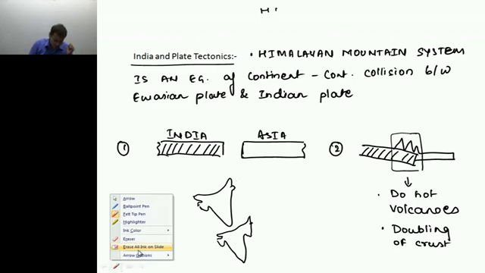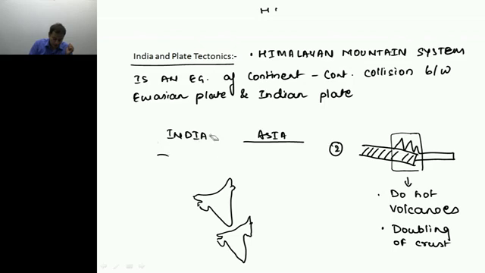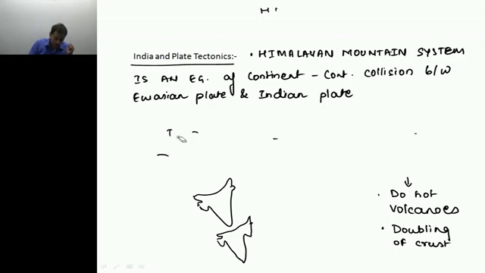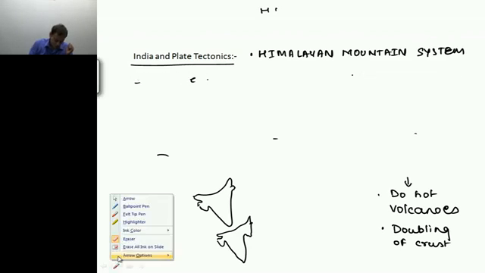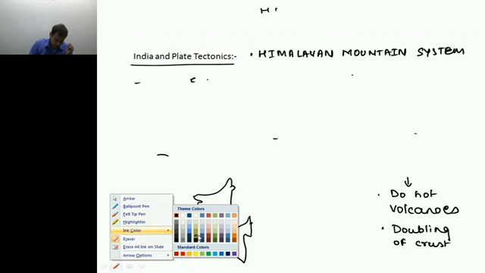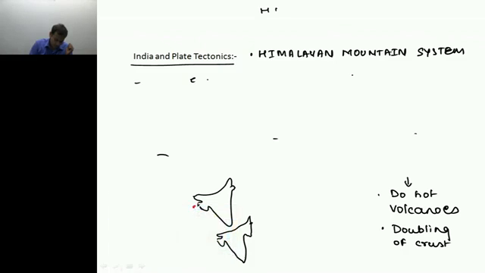Now, when it was traveling to the north, it passed over a hotspot known as the Reunion hotspot. As I told you, a hotspot is an area where there is continuous volcanic eruption. And because it passed over the Reunion hotspot, we have volcanic eruption which is represented by the Deccan lava plateau.